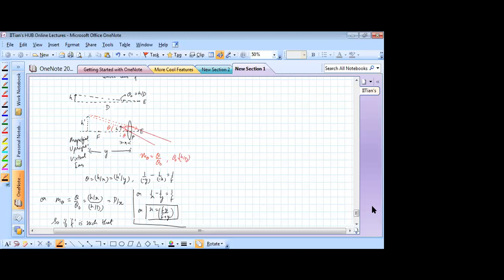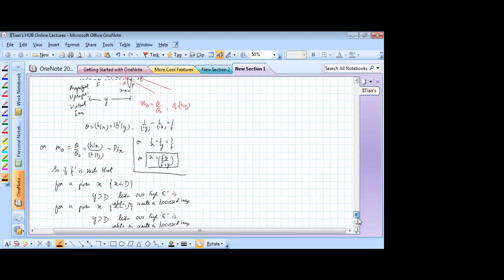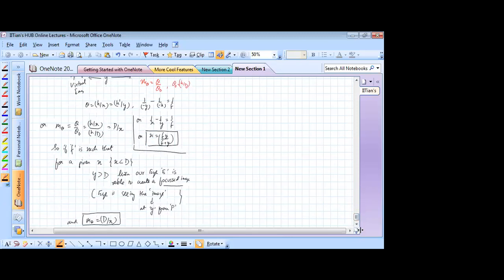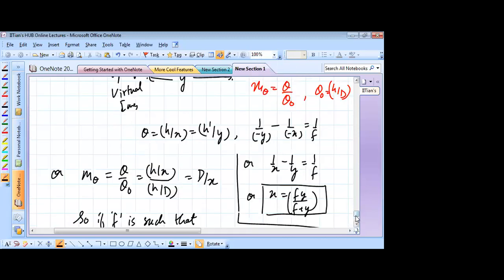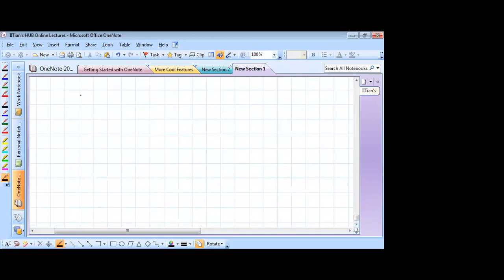Right. So I hope this is clear. So this becomes the angular magnification. Now you can see that if we put x nearly equal to the focal length, then y will tend to infinity, or basically a very large distance.